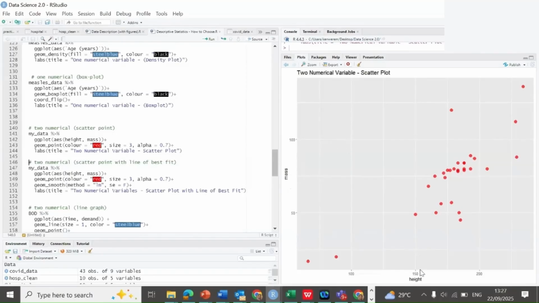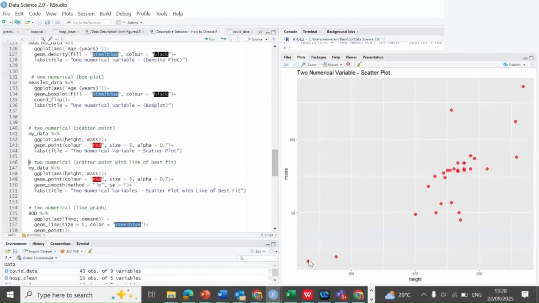Something to note is when you're plotting two variables, usually you have the independent variable on the x-axis and the dependent variable on the y-axis. So it's very important to ask yourself which variable depends on the other. And if we look at this, the mass of someone is dependent on the person's height. So the taller you are, all things being equal, the heavier you are. So this is a scatter plot used to describe two numerical variables.